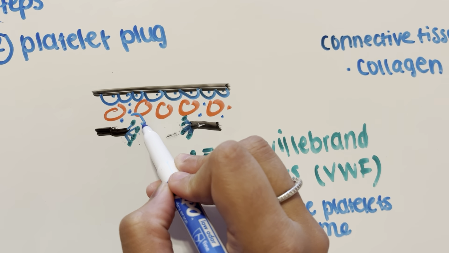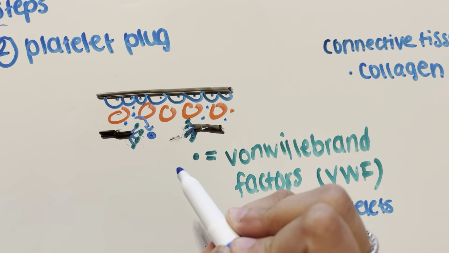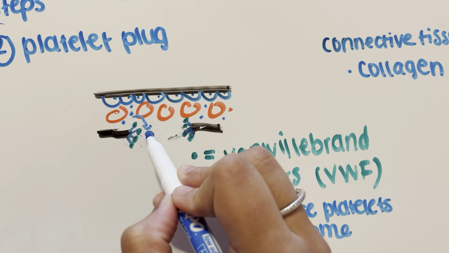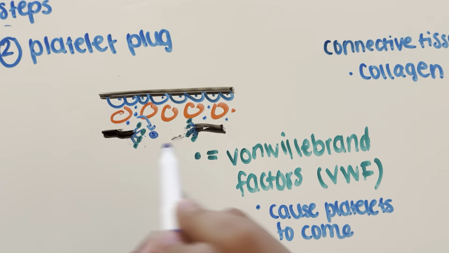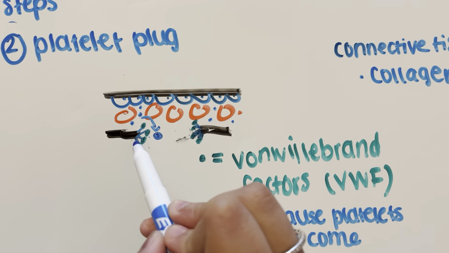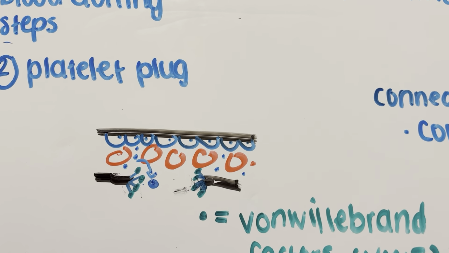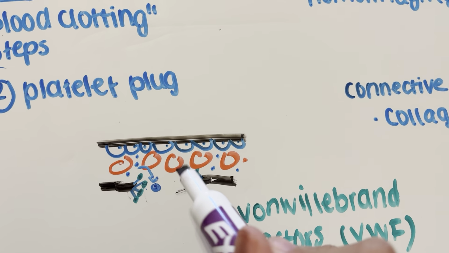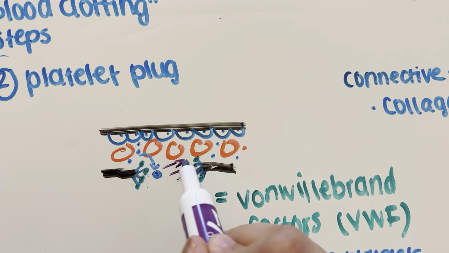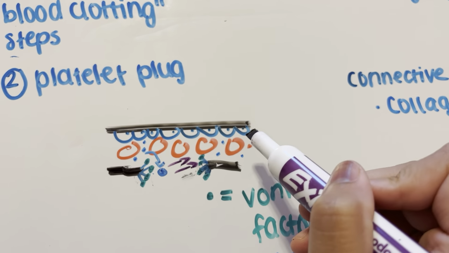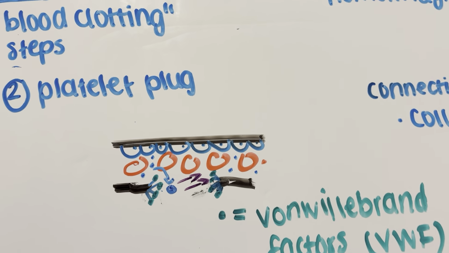So the platelets are gonna come. So I have platelets right here. And as soon as it connects to the von Willebrand factors on the collagen, the platelet is going to release certain chemicals. And what these chemicals will do, the platelets will release, they're going to call more platelets to come.